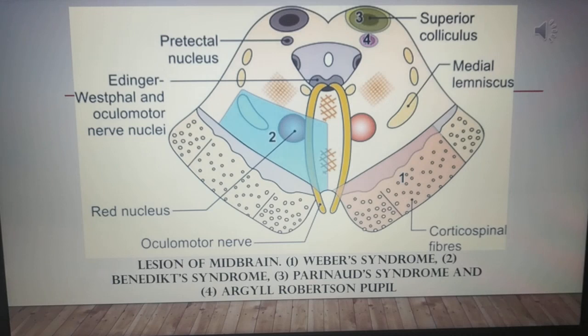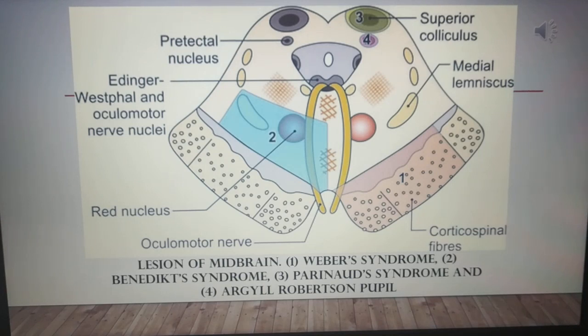Okay, now coming to the clinical anatomy, we have already enumerated it in the previous slide. We will give an explanation about it. The first syndrome is Weber's syndrome, which includes the oculomotor nerve and the crus cerebri. When there is a lesion in the crus cerebri, there will be a contralateral hemiplegia of the limbs, face and tongue due to damage to the descending motor tract.